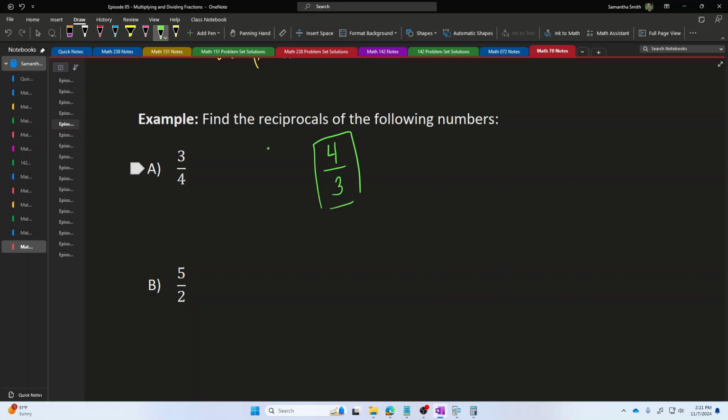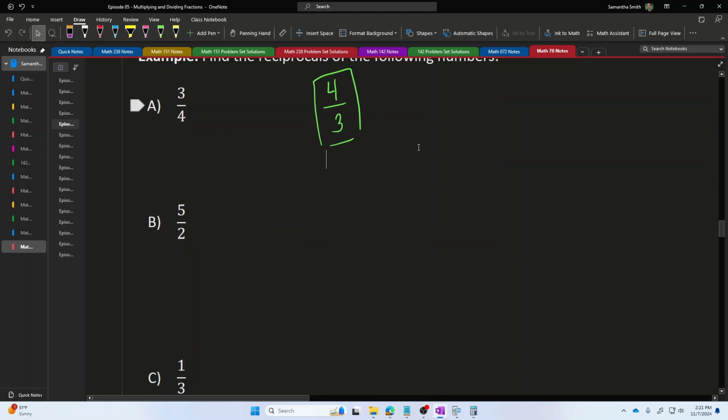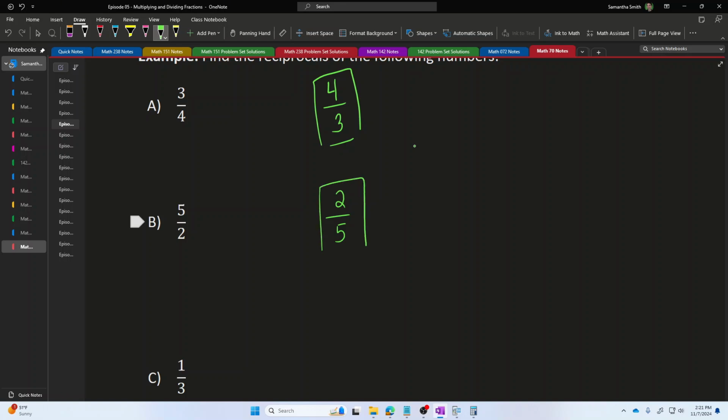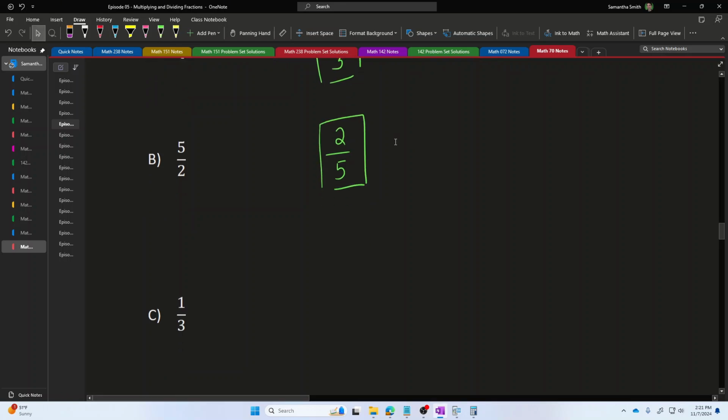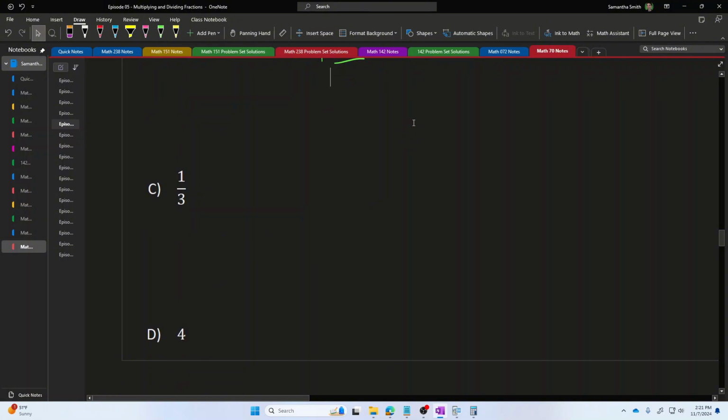If someone says to me, what's the reciprocal of 5 over 2? All I have to do is flip that fraction upside down and put 2 in the top and 5 in the bottom. If someone says to me, what is the reciprocal of 1 over 3?